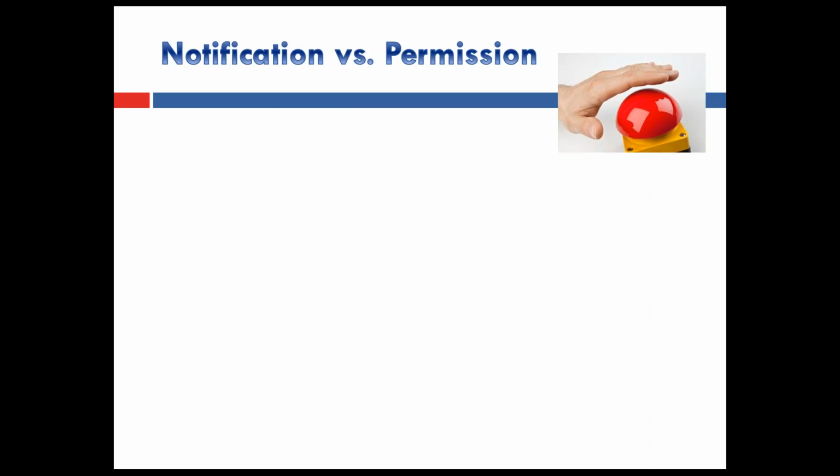When you're required to ask permission, you are required to ask permission. For notification items, there could be a time that your program officer does not require you to notify them. That is something that your individual program officer will let you know. However, when in doubt, notify your program officer and they will let you know if you do not have to do that.